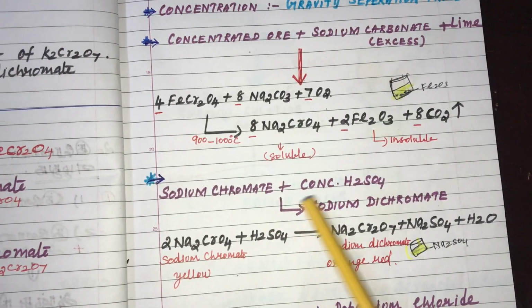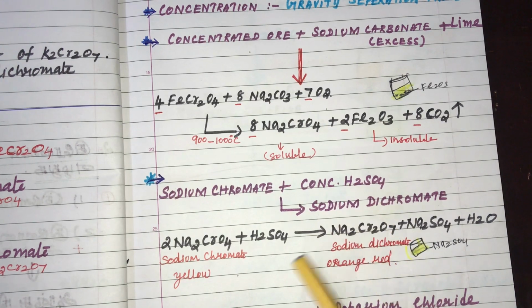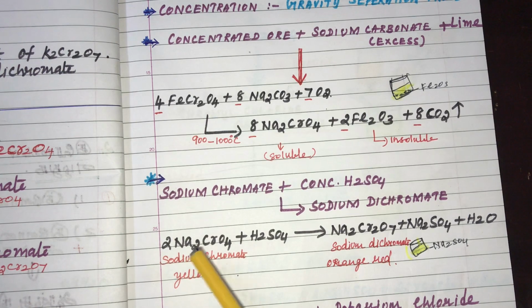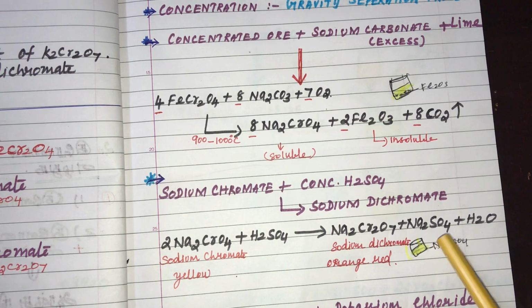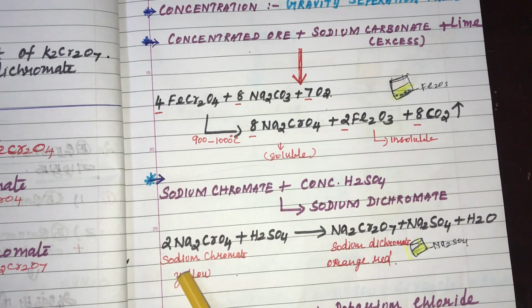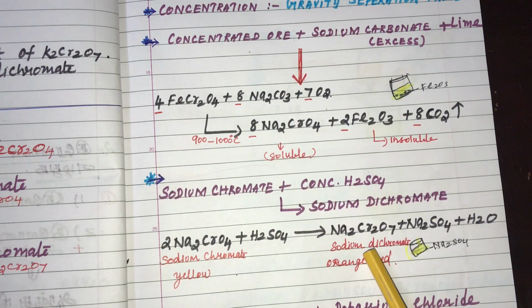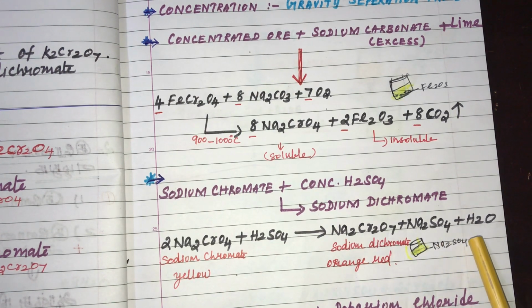On treatment with sulfuric acid, the respective sodium salt of that acid is formed: sodium and sulfate combine to give sodium sulfate, which is less soluble, and it also forms sodium dichromate and water. 2Na2CrO4, sodium chromate, plus sulfuric acid H2SO4 gives sodium sulfate along with sodium dichromate plus H2O.